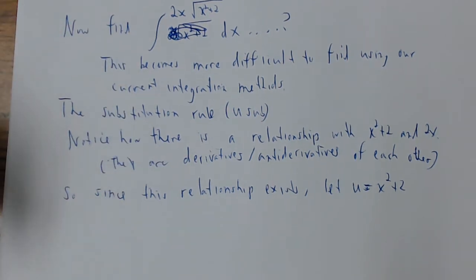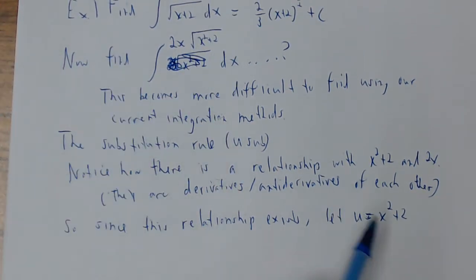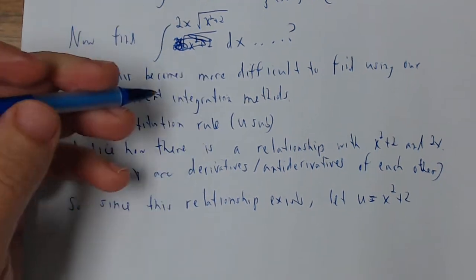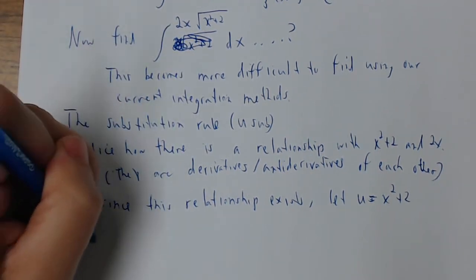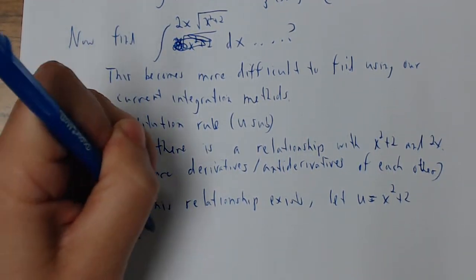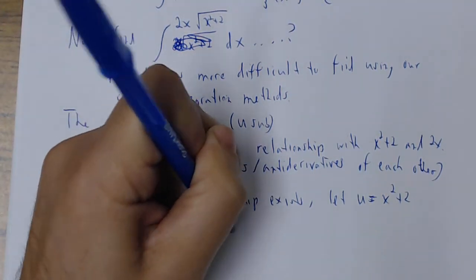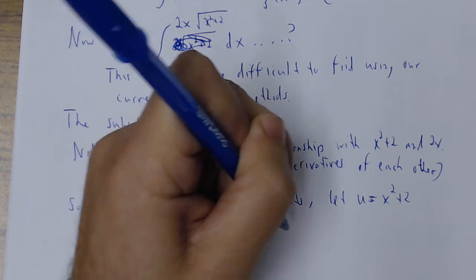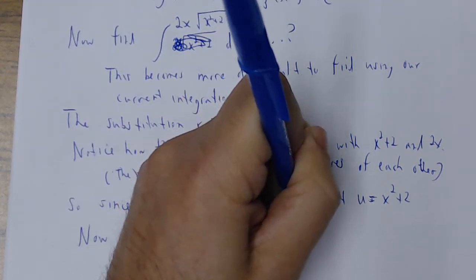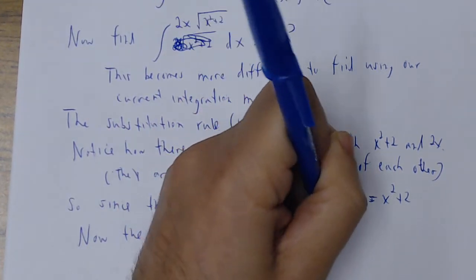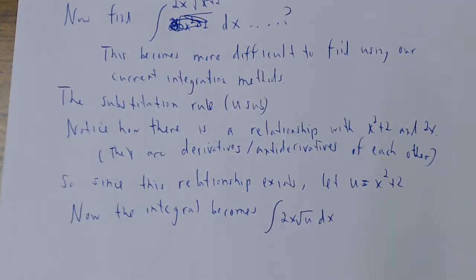Let's start updating our integral. So this integral now, since u is x squared plus 2, here's what we get. The integral becomes the integral of 2x square root of u dx. And notice, what is it that I don't like?